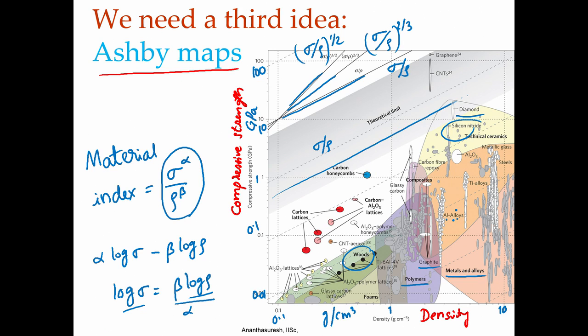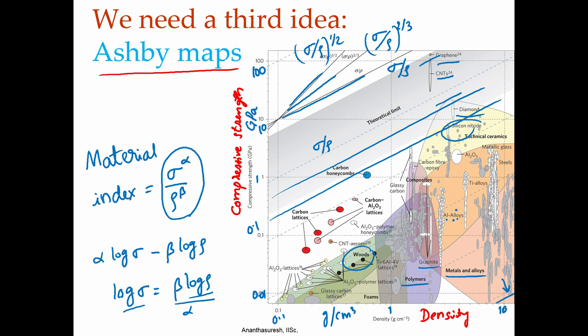So, I can draw a lot of lines parallel to it, and I can see extreme is here. So, maybe diamond is the best material for it, or if I go further, there is some graphene or carbon nanotubes over here, right. So, you see that they are the best in terms of compressive strength and density. What are the worst? You come all the way here, and whatever materials are there, they become the worst ones or the one that minimizes material index.